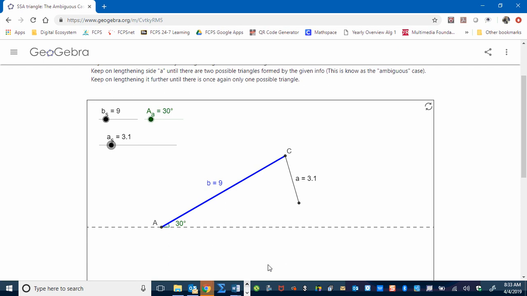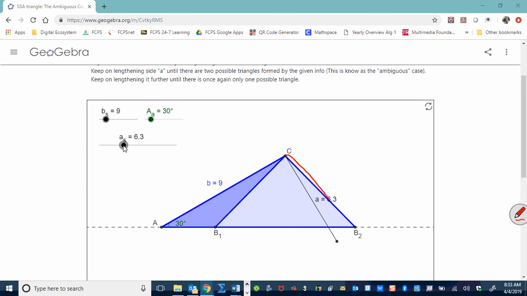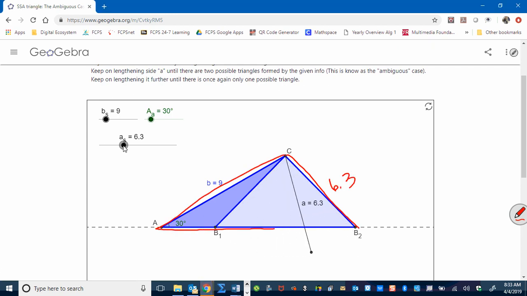Second scenario, in your eyes the worst, but in my eyes the most awesome, is we could create 2 completely different triangles. So, based on this side A, here A is 6.3, and it creates this giant triangle, or you could swing that side A to the left, and it will create this tiny blue triangle, still with the same exact side length.